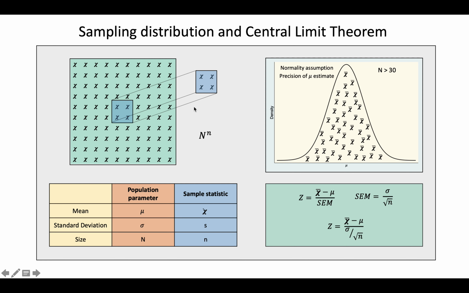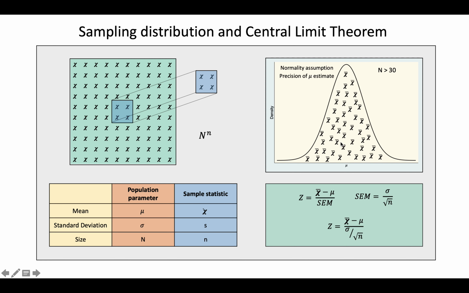You do this over and over, let's say 1,000 times. You take these 4 patients, and then you take another 4 patients randomly from the same target population, and then again 4 and 4 and 4, say 1,000 times. So you will obtain a normal distribution like this based on the mean values of these samples, basically.